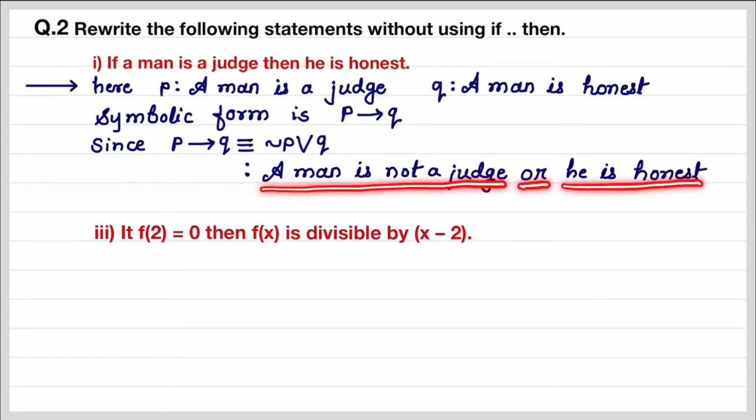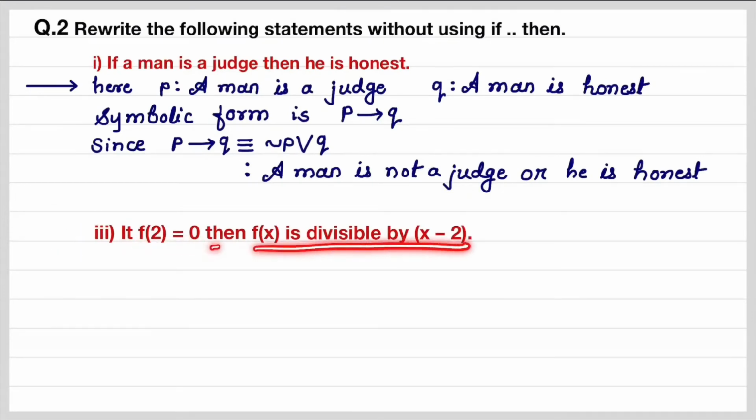Second example: if f of 2 is equal to 0, then f of x is divisible by x minus 2. Here the first statement is f of 2 is equal to 0 and the second statement is f of x is divisible by x minus 2.